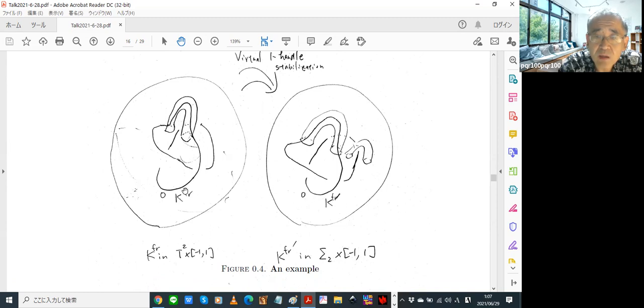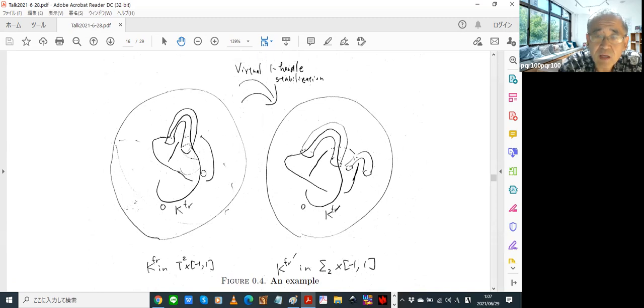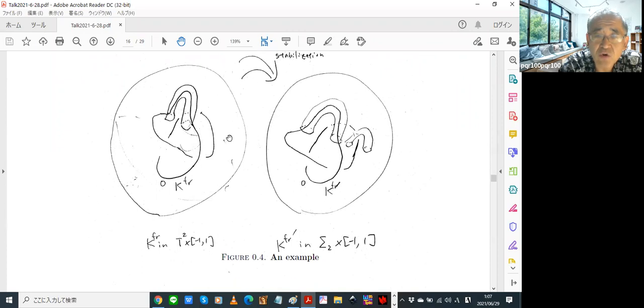And forget framing once, they are virtually equivalent. They both represent the same virtual knot. And both represent different three manifolds, but the two three manifolds have this relation. We call these two three manifolds virtually equivalent.